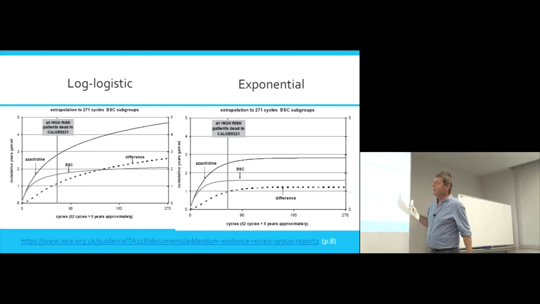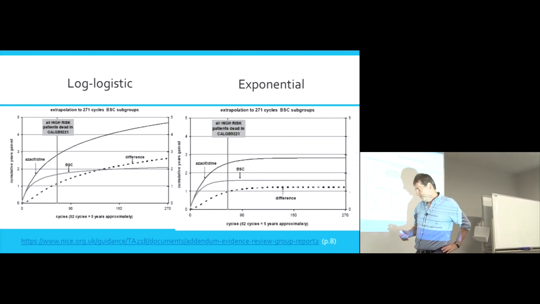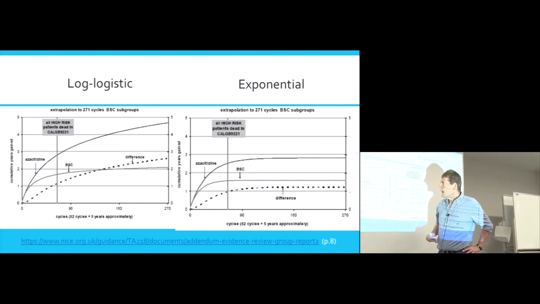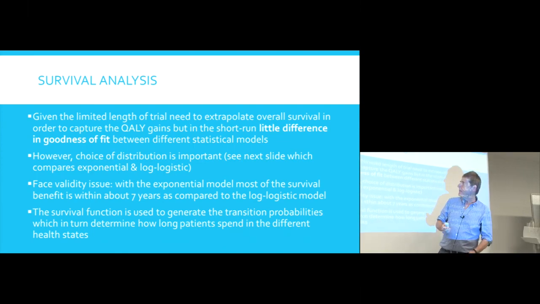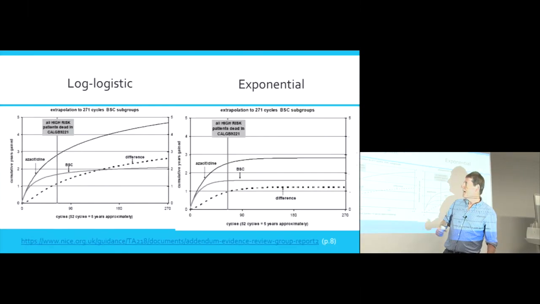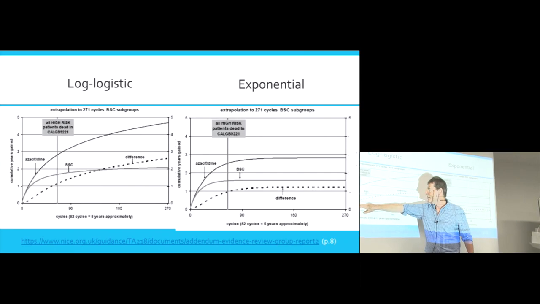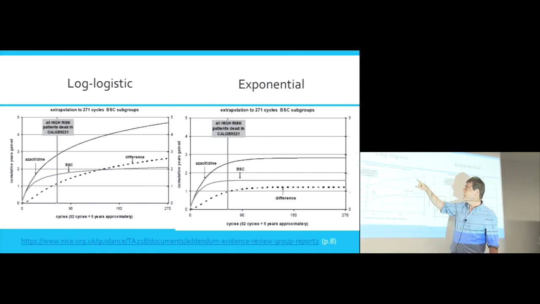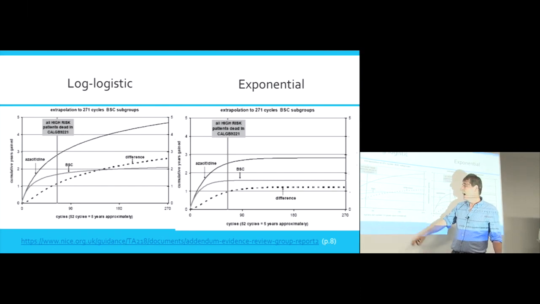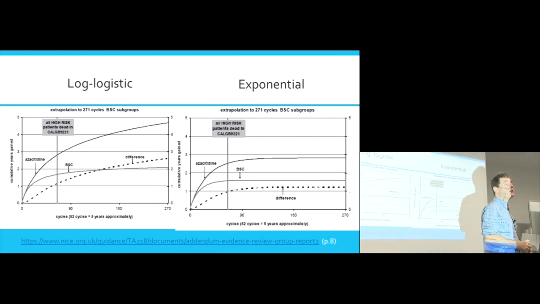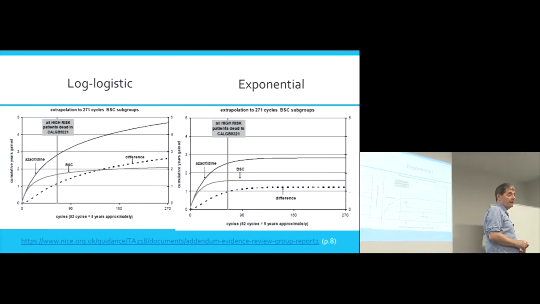Okay, let's take the log-logistic model first of all. Ignore the dotted line just now. The two solid lines, the upper one is drawn for azacitidine, and the lower one, BSC, or best supportive care.